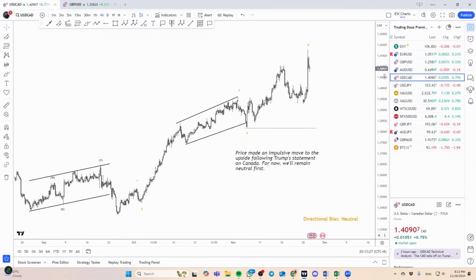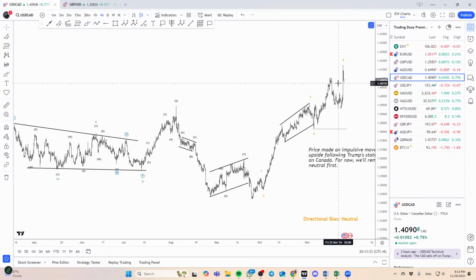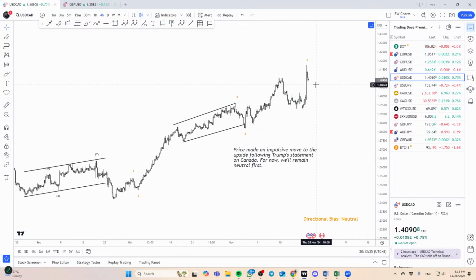Dollar Canadian over here, potentially the fifth wave may be completed. We have a very, very extended move since October, right? This is the move that happened overnight because of the news where Trump said that they will impose some tariff on the Canadian side. If you go into Mexican, you would probably see that same reaction because when he released that, basically it's not good for the economy of that opposing country.